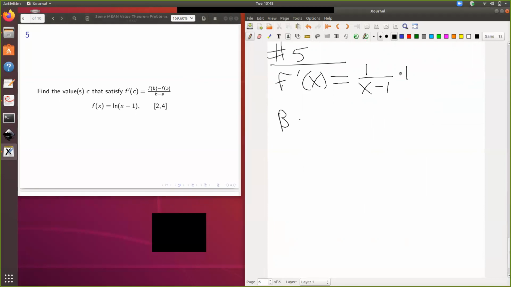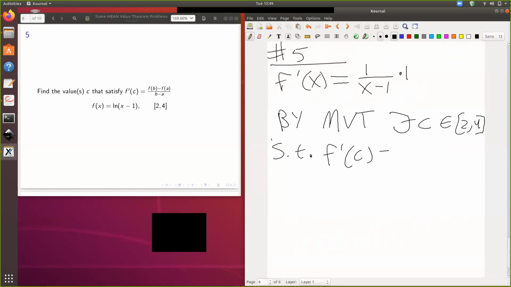So by MVT, there exists a C in 2 to 4 such that f prime of C is equal to f of B, which is going to be ln of 4 minus 1, which is ln of 3, minus f of A, which is ln of 2 minus 1, which is ln of 1, over 4 minus 2.